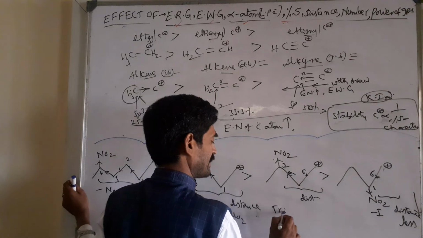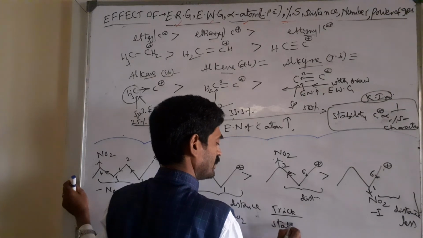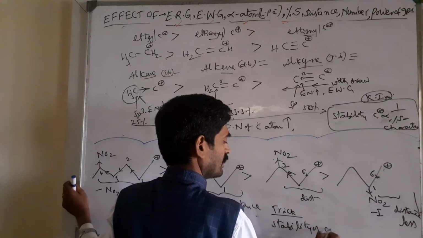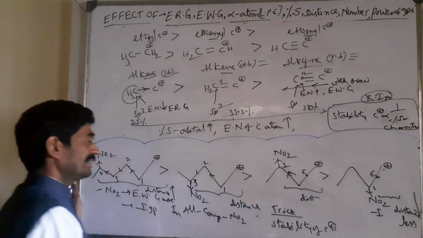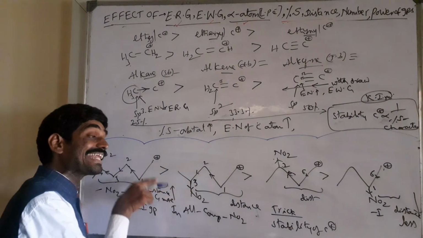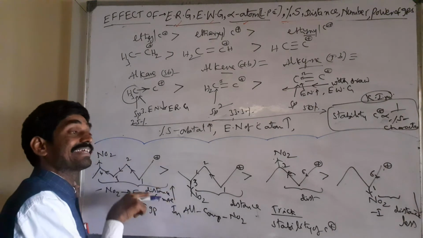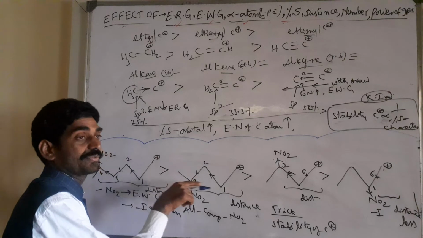What conclusion we get is the inductive effect: the stability of carbocation increases as the distance from the carbocation increases. Stability increases as the distance of the negative group increases.